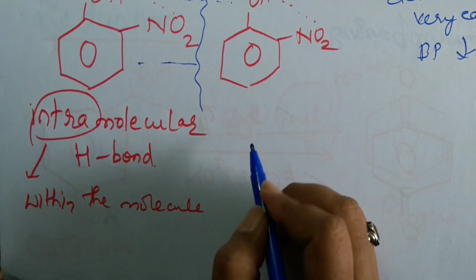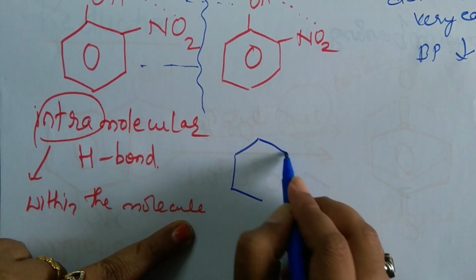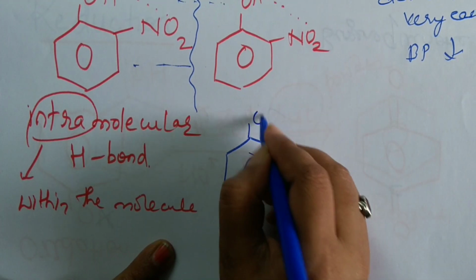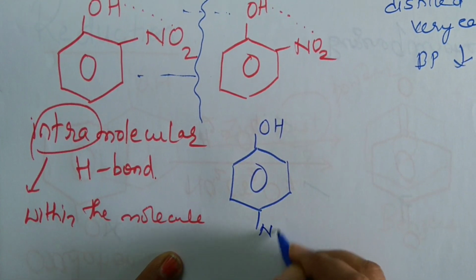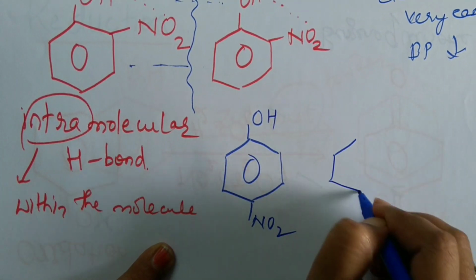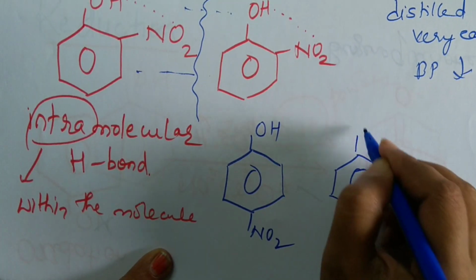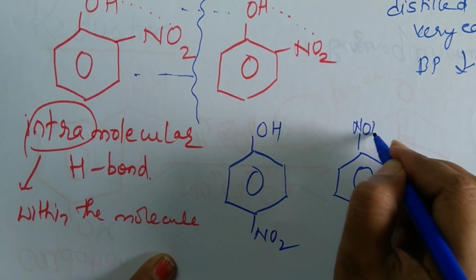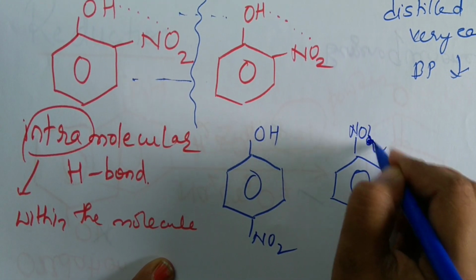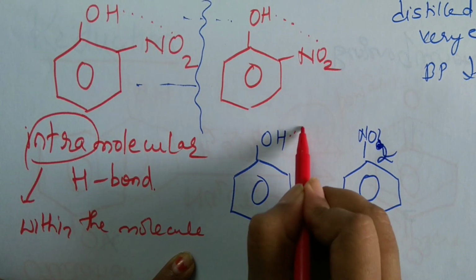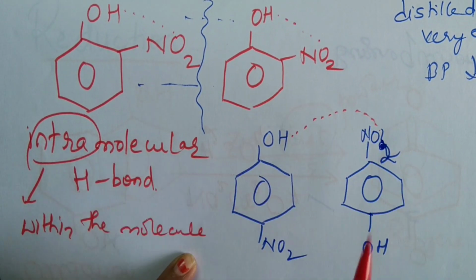If I take para-nitrophenol, I am going to write here the structure of para-nitrophenol. OH is here, NO2 is here. Another molecule I shall write. OH is here, NO2 is on the other side. Correct? There is formation of hydrogen bonding between hydrogen and oxygen.